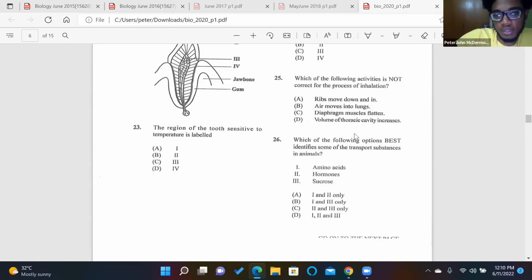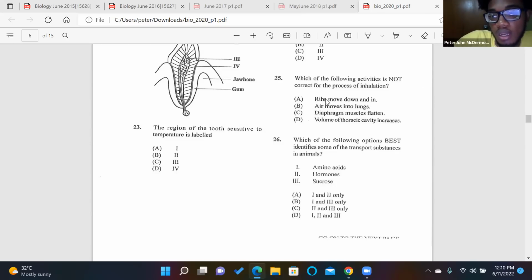Inhalation, air has to move into the lungs. Volume of the thoracic cavity has to increase because you have to allow your lungs to be able to expand. Diaphragm muscles flatten. So how does the diaphragm work? The diaphragm pulls down to enlarge your thoracic cavity.